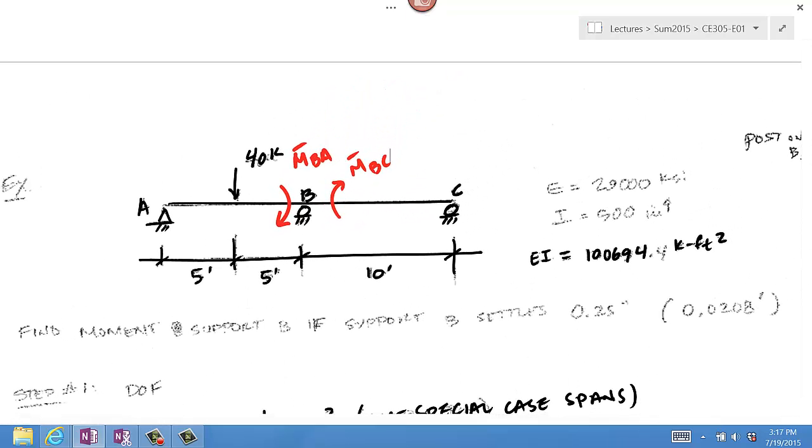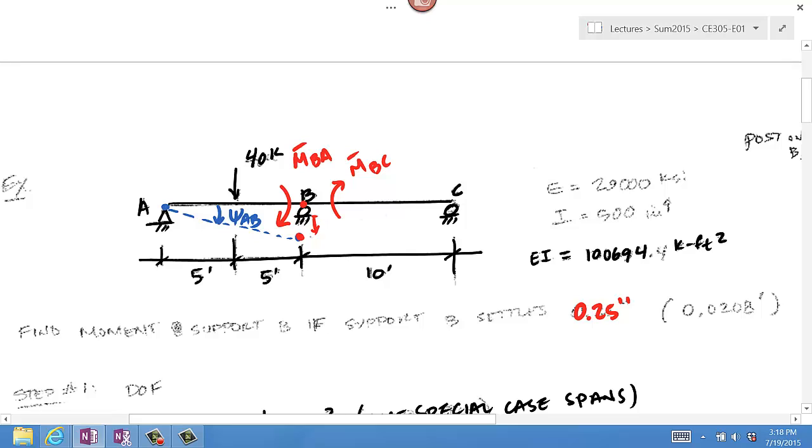This particular problem has a support settlement at B of 1/4 of an inch. So support B settles downward. So let's say point B was there, it ends up down here. If you look carefully, if you draw a line between point A and the new point B, draw a dashed line there, the angle that the original chord makes with this dashed new chord is psi AB.